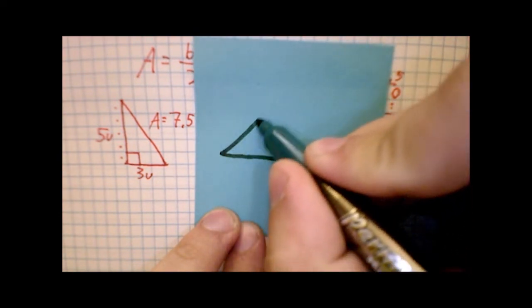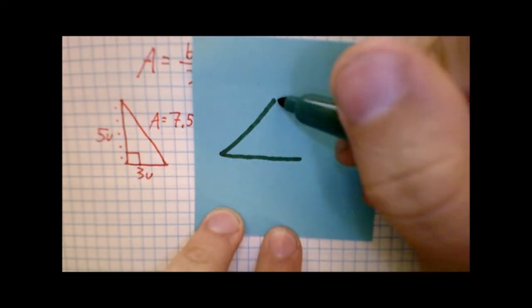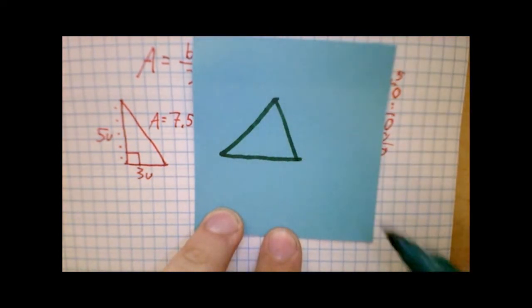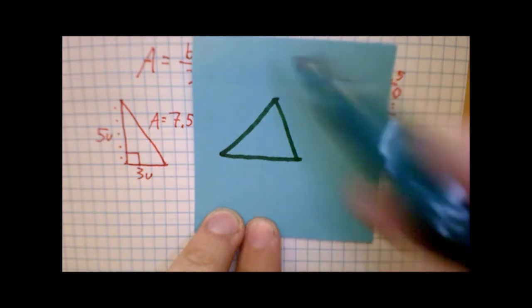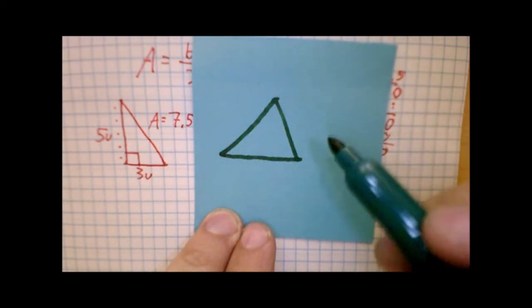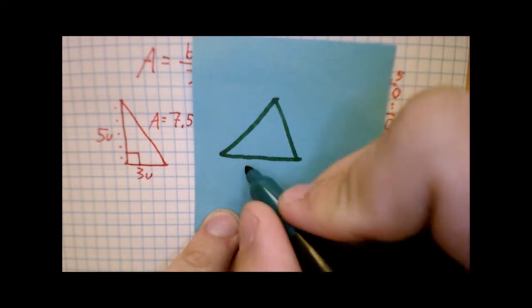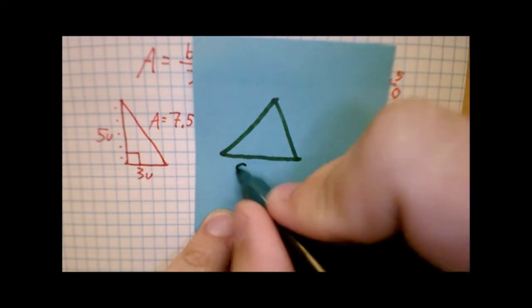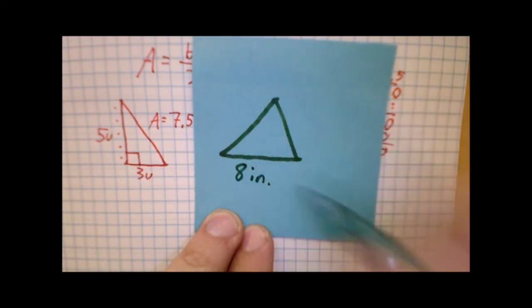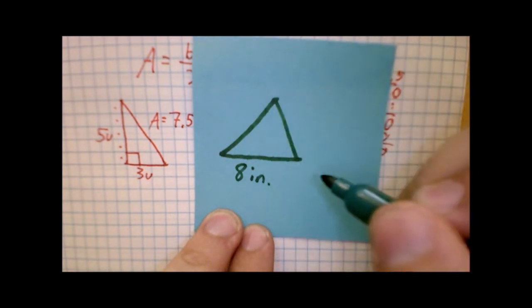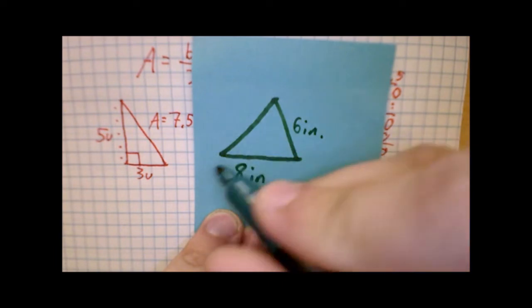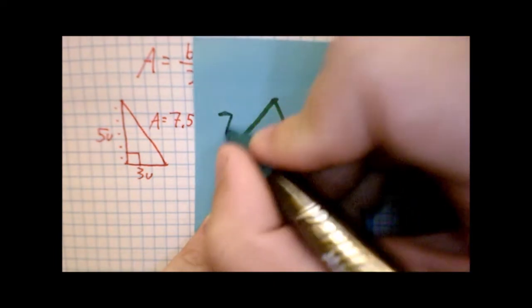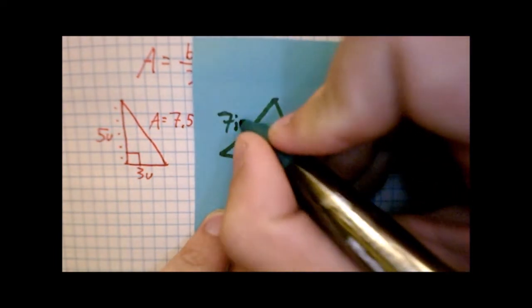We're going to do an isosceles triangle, or equilateral, or whatever shape this is that I happen to have drawn. And I'm going to give you a bunch of different values. I'm going to tell you that the base was originally going to be 8 inches. I'll tell you that this side was going to be 6 inches. And I will tell you that this side is going to be 7 inches.